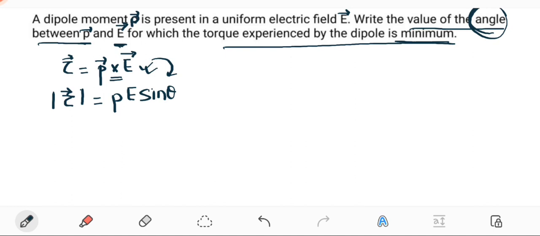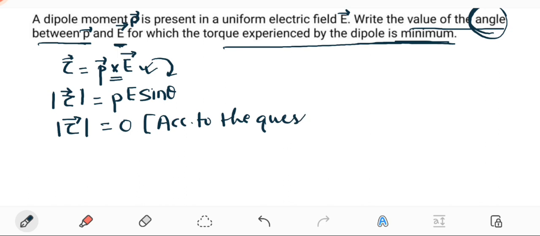It is given in the question that the torque experienced by the dipole should be minimum. So the minimum value of torque will be equal to 0, according to the question.